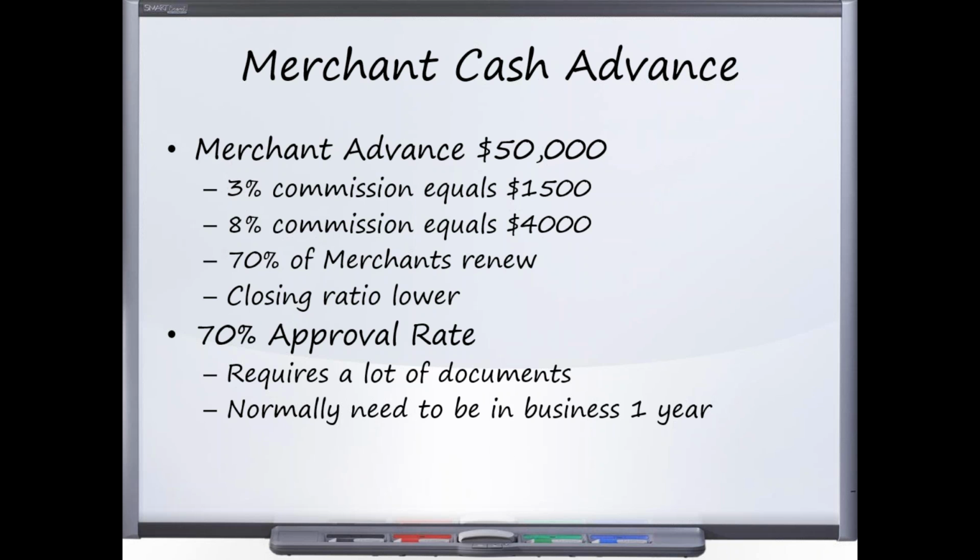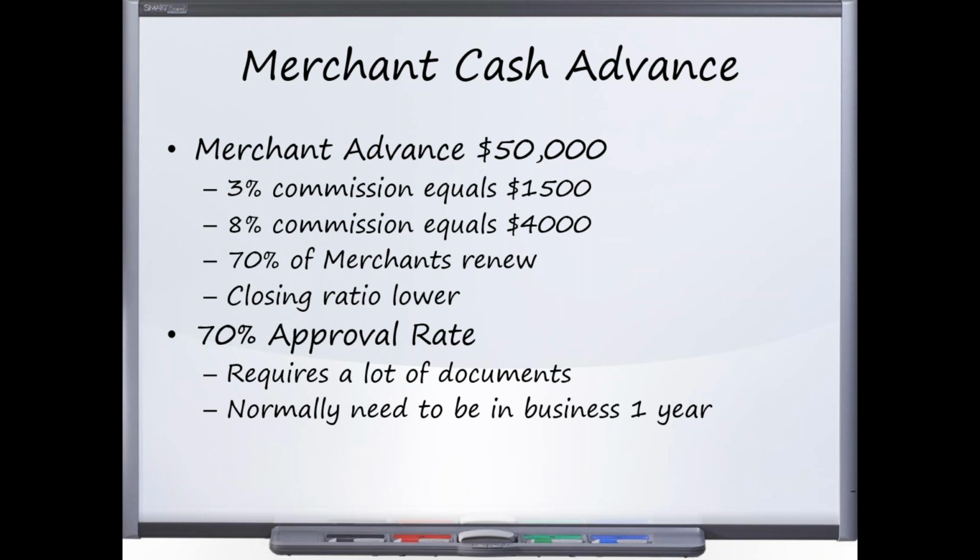Downsides to this: approval rate on this is about 70%. Unfortunately, not a lot of our processors will work with somebody that has a tax lien. They can't be in a Chapter 13 bankruptcy.